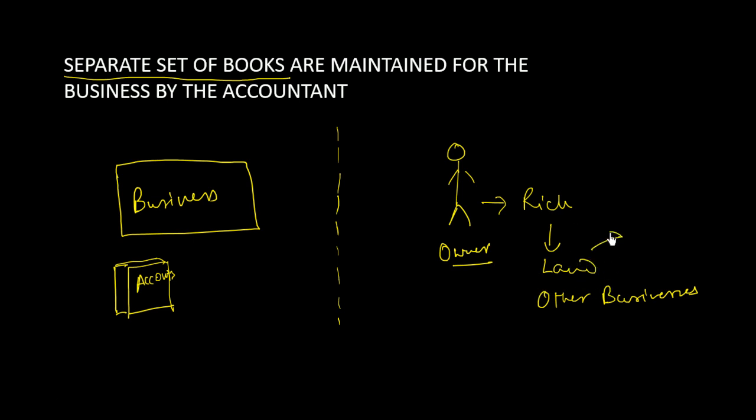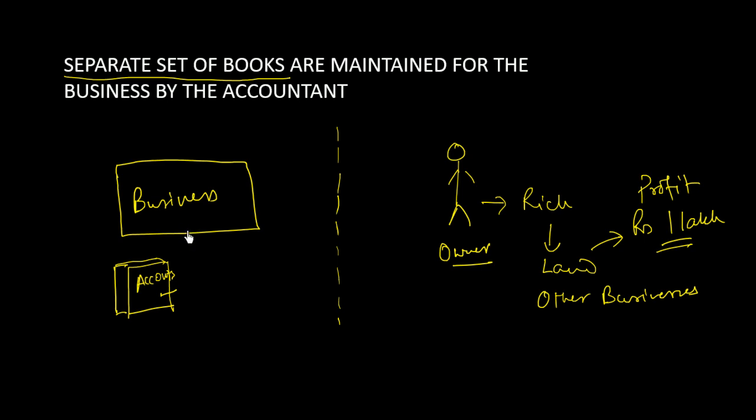Say by using this land, this person who is the owner of this business earns a profit of rupees 1 lakh. So will this profit of rupees 1 lakh be recorded in these books? Will this profit of 1 lakh, which the owner earns by using his lands, which are not part of his business but are other properties of the owner, be recorded by the accountant in the books of accounts kept for this business?